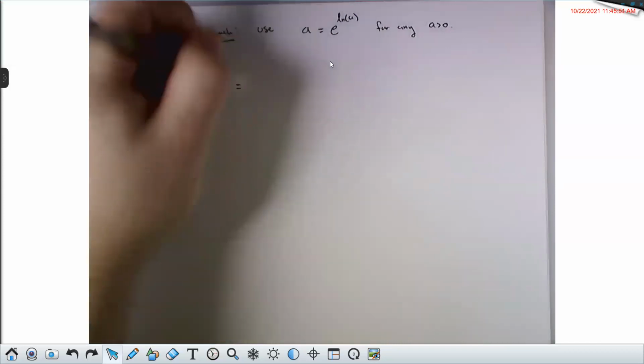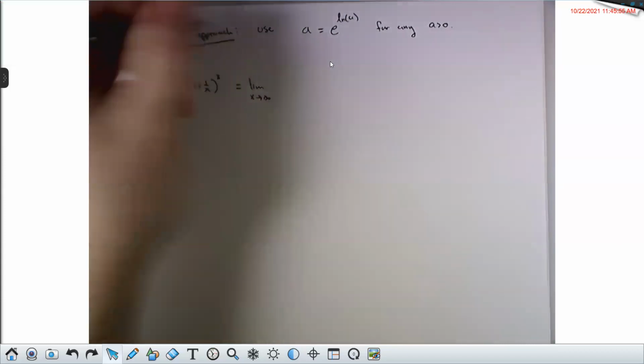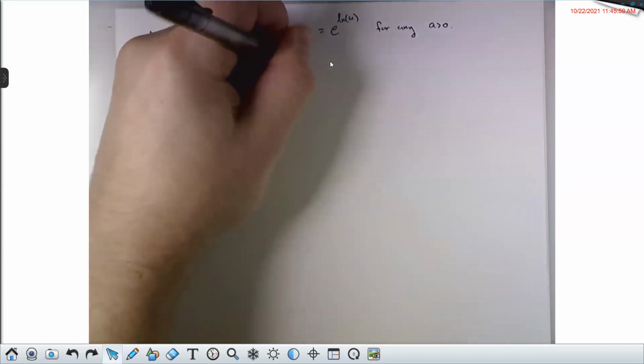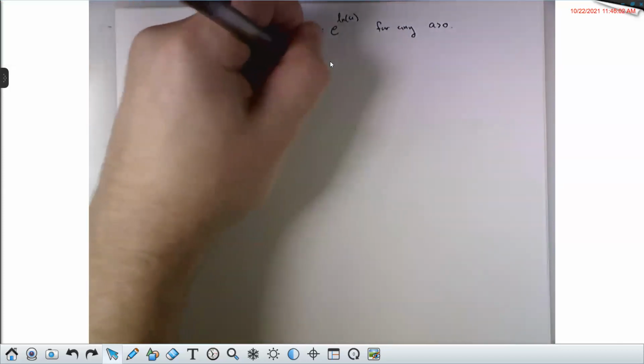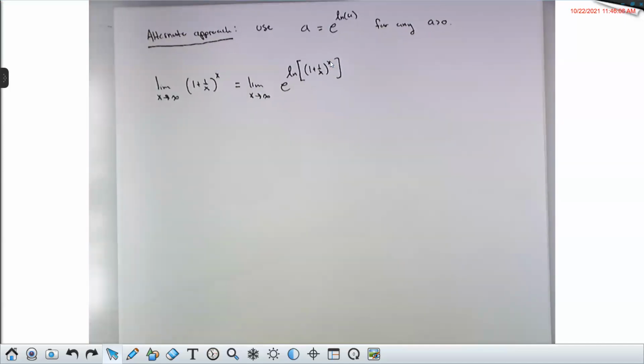I can say that this is the limit as x goes to infinity of e raised to the power of the natural log of 1 plus 1 over x to the x. So I'm doing the same thing. I'm saying that this thing is e to the ln of itself, right? This.